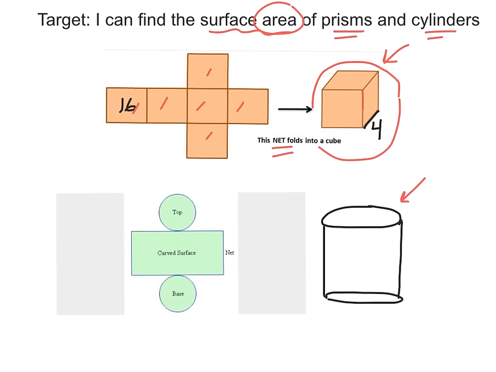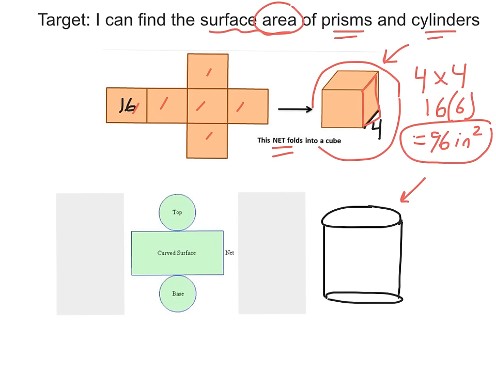If it's got sides of 4, then it's 4 times 4 to find the area of one of the faces, or 16. And I would need to multiply that times 6, because there's 6 faces on this cube, and I would get 96. So if it was inches, it would be 96 square inches. Total surface area of this cube.